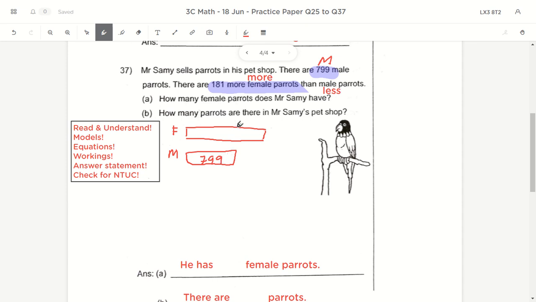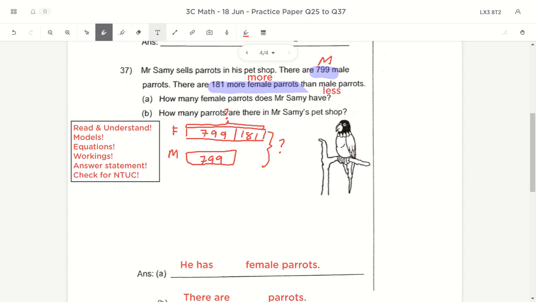I know there are 181 more female, so I cut over here, this is 181. You can write outside or inside, doesn't matter. If this is 799, this is also 799. For part A, you want to find how many female parrots there are, and for part B, the total number of parrots. We'll find part A first.